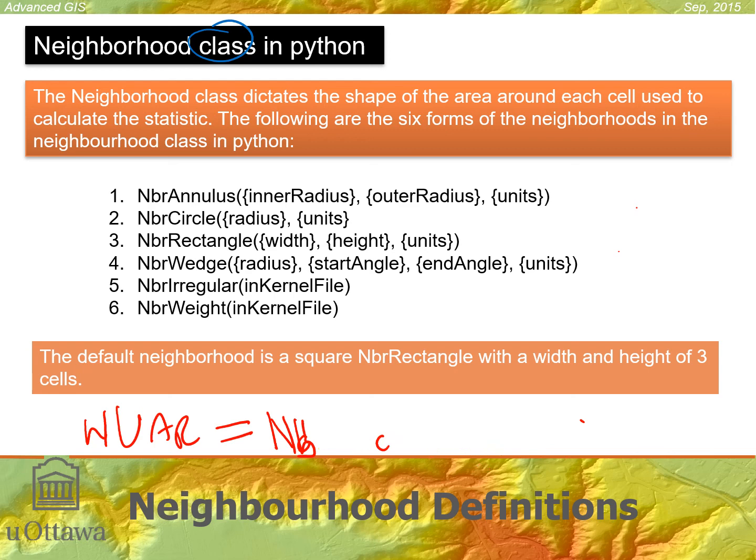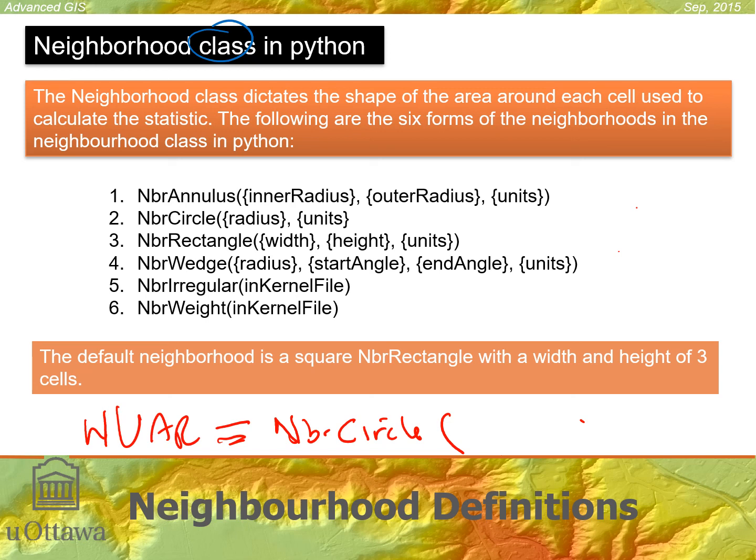And likewise for the other ones, they have different parameters, that's all. So our neighborhood var could be equal to circle. And then in here it asks for radius. Again, that should be in cell units. So if I want 100 meters, because it's a circle, we're no longer looking at the rectangular issue. So a circle should be an odd number of cells.